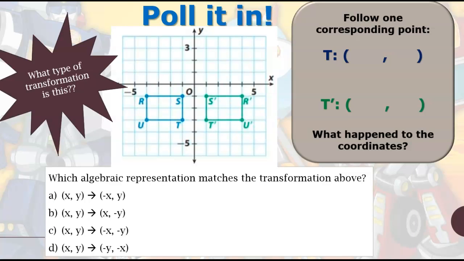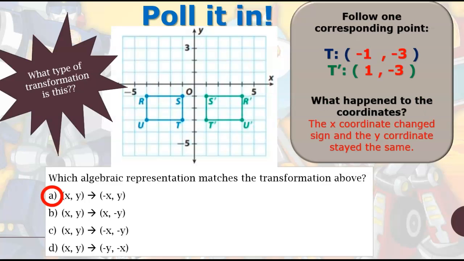Try this one. Which algebraic representation matches the transformation above? So we look at point T here. Our original T is at -1, -3, and T prime is at 1, -3. So we see that the x coordinate changed sign, and the y coordinate stayed the same.